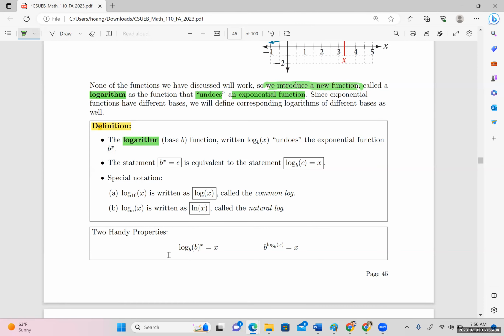The law of logarithms with base b can be written as log base b. You see the b's there? It is going to be under the exponential function b raised to x.